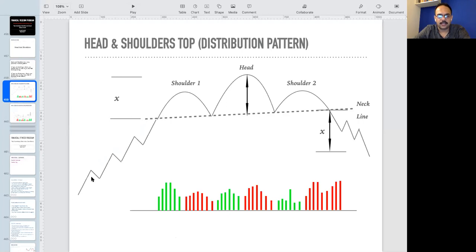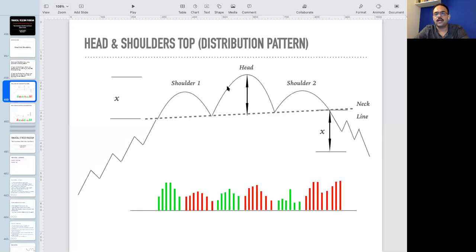Here this is an uptrend, which I have drawn. It goes up and forms a curve. Don't expect a beautiful curve; it will not be as beautiful as in the drawing, but the price will move like this curve first.